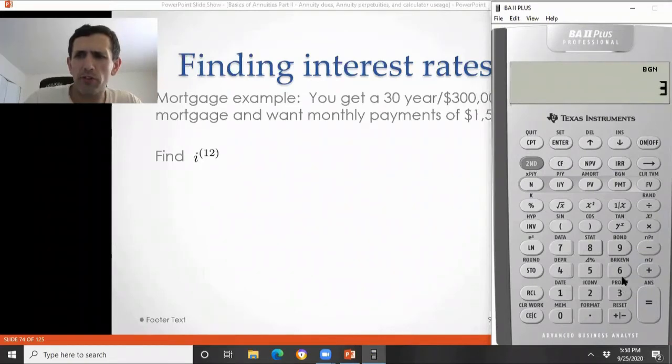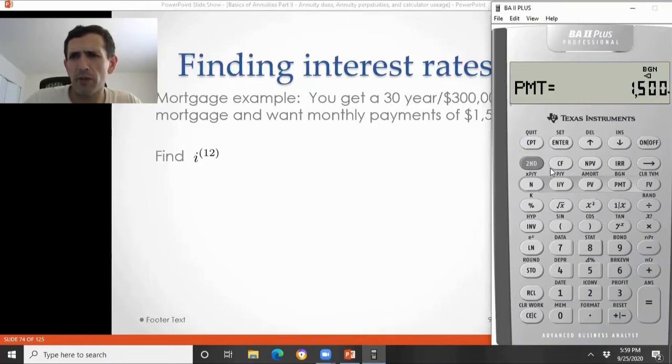So 360 and 300,000. One too many zeros. Present value, 1,500. And again, I'll explain the negative in a second. There's actually a very good explanation for that.